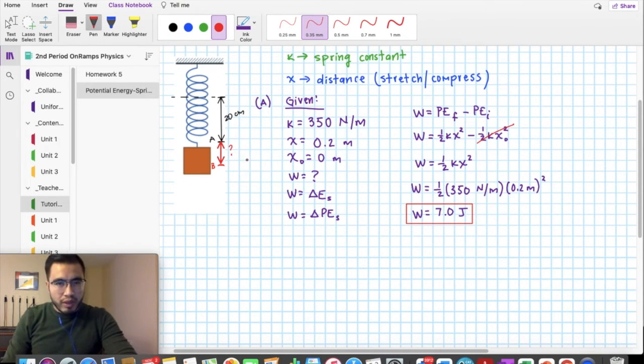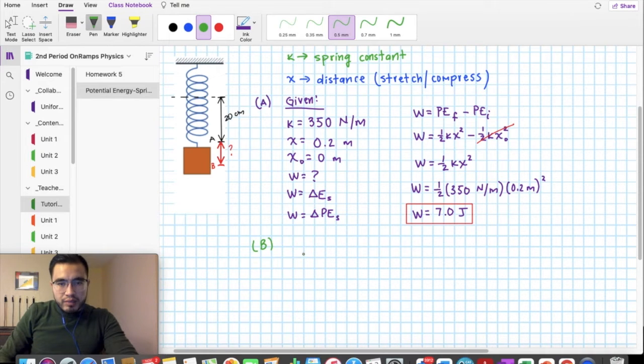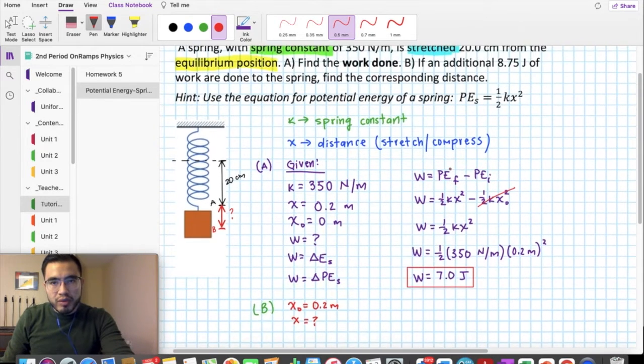I'll use green to show that we're working on question B. So in this case, I could use x initial to be 0.2 meters, x final to be what I'm looking for, and then the work done in this case would be the 8.75 joules.